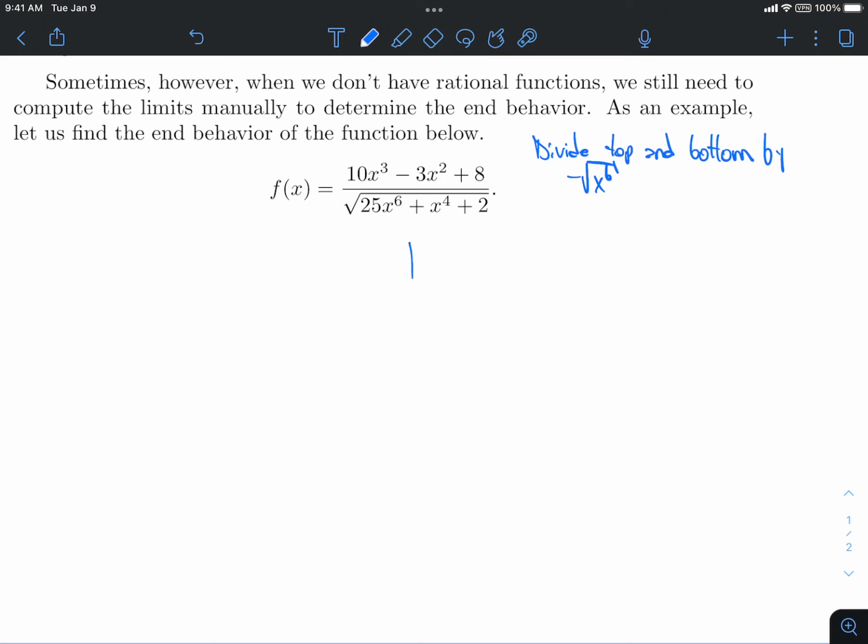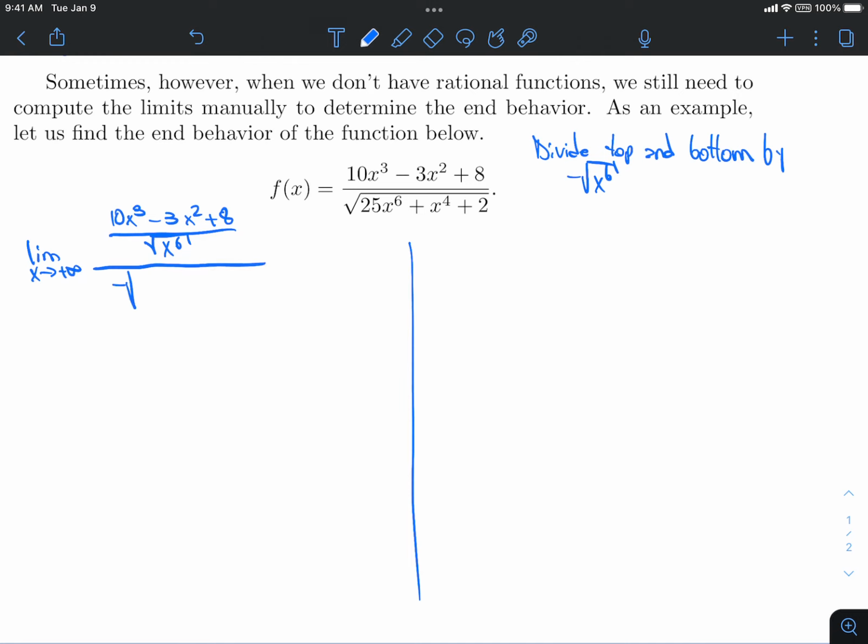So let's see what happens on the right side when x goes to plus infinity. We're going to have 10x cubed minus 3x squared plus 8 over the square root of x to the 6th.